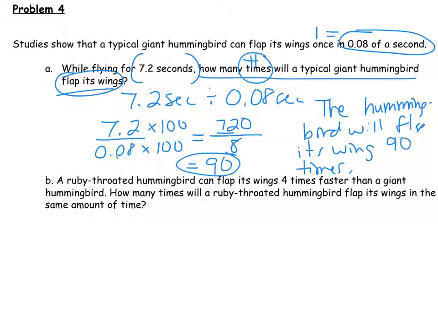Part B. A ruby-throated hummingbird can flap its wings 4 times faster than a giant hummingbird. How many times will a ruby-throated hummingbird flap its wings in the same amount of time? So I'm going to look at my question. So the number of times it's going to flap its wings in the same amount of time.